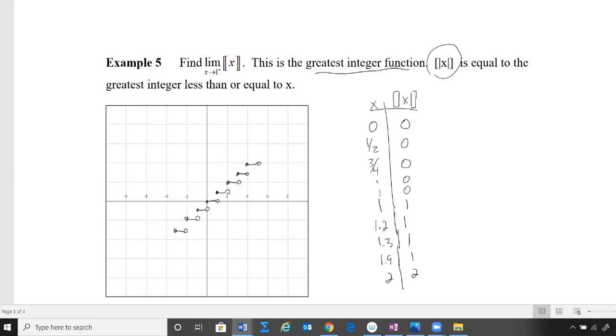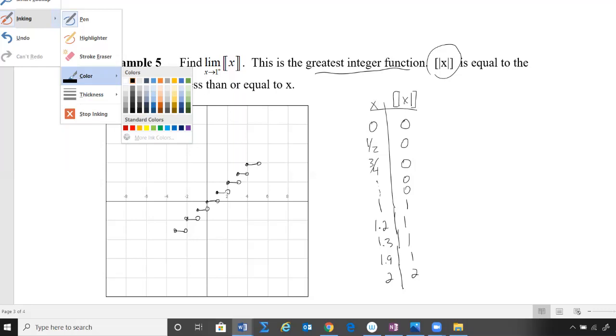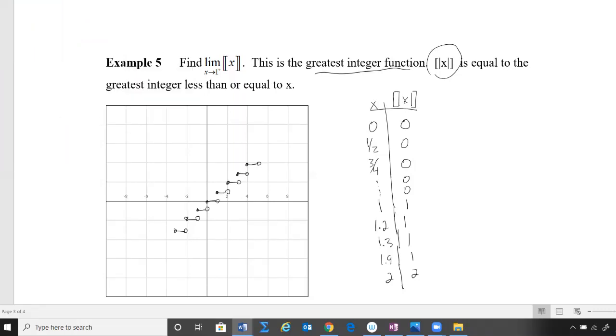Now, we're actually trying to find the limit as x approaches 1 from above. So we're approaching 1 from above, so we have to be along this path in here. You're coming down this route, the red, and heading to this point right here, because x is bigger than 1, and you're coming along this line until you reach that point.